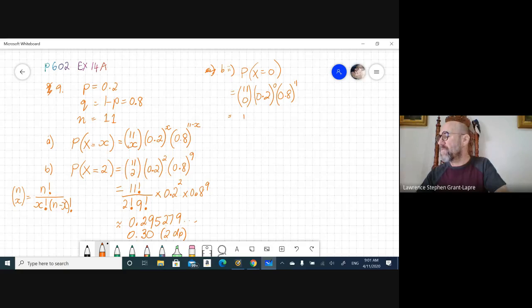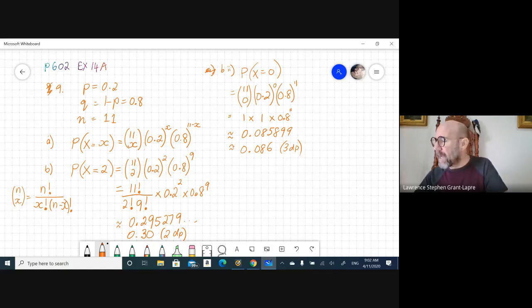So 11C0 is 1, 0.2 to the power of 0 is 1, and 0.8 to the power of 11 is approximately 0.085899. So that's 0.086 to 3 decimal places, depending on how accurate the question wants.